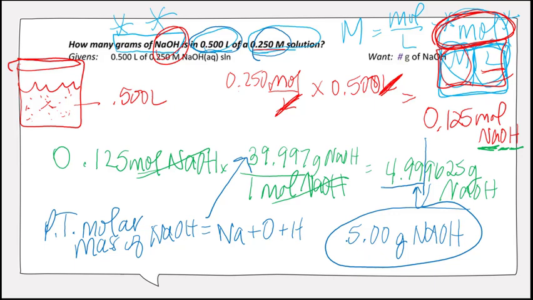So then, if I wanted to make this solution, I need to, in the lab, weigh out 5.00 grams of sodium hydroxide, have 0.5 liters of water, and if I dissolve that 5 grams of NaOH in that amount of volume, I would have this concentration of a solution.